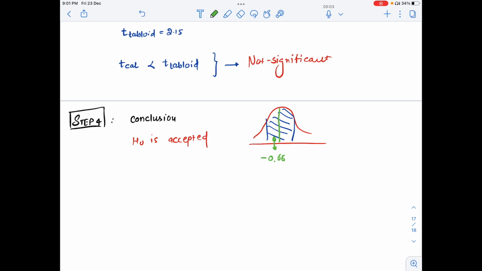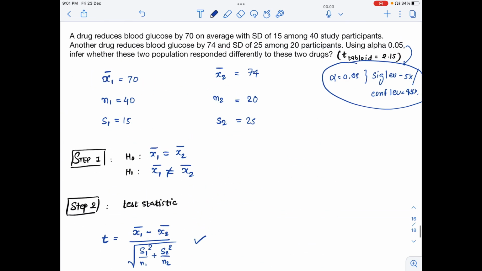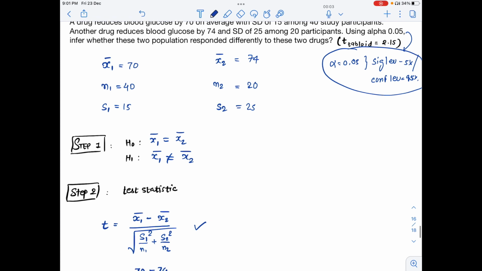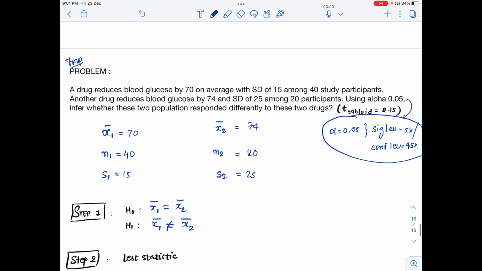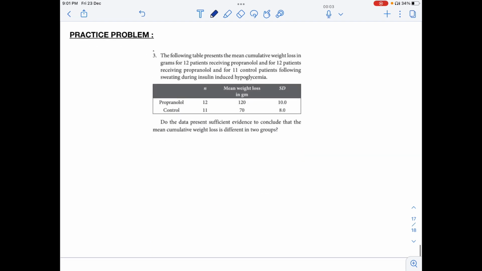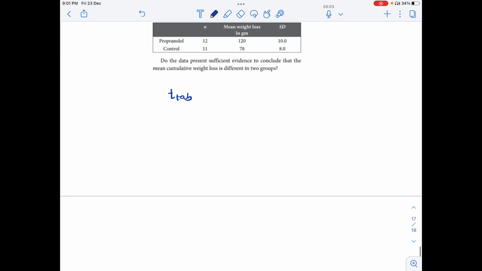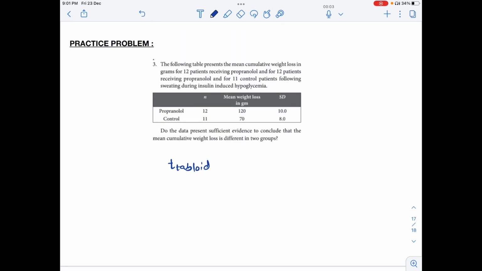This is the mean. Okay. So this way you can calculate the t-test, and the significance of differences between two means can be calculated. Now for the practice problem, you have this data and you have to use the t tabulated value as 2.15 only. Okay, so calculate this, answers will be in the description.